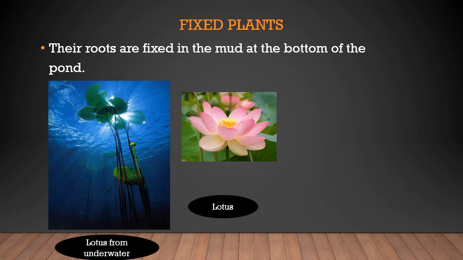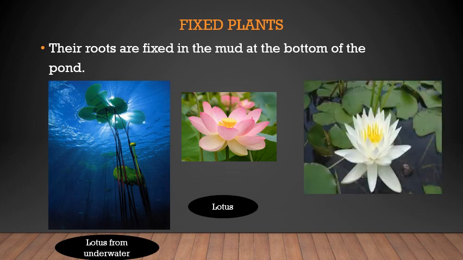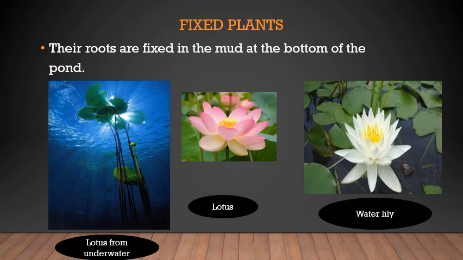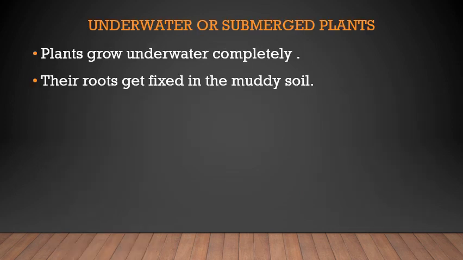The roots are fixed to the bottom of the mud in the pond. Another example is water lily, which looks just like the lotus, but there is a color difference. They are called fixed plants, that means they are fixed to one place. Their root is fixed to the mud.